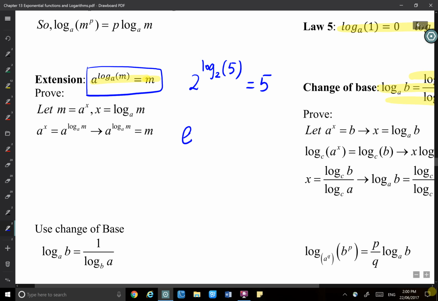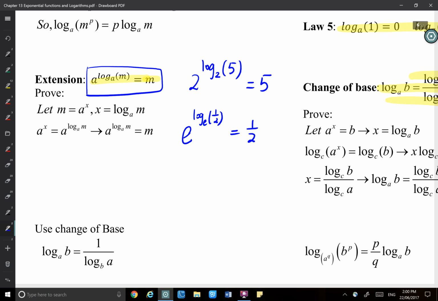Or e to the power of log base e of half will be half. This is not really a formula, it's just a really important calculation. I have shown the proofs below here as well. Just have a think about it if you want.